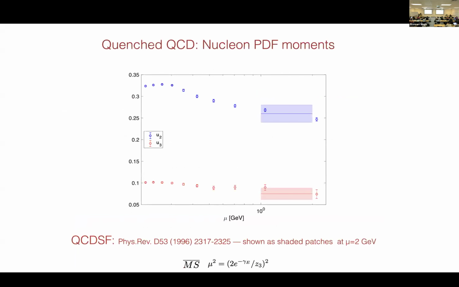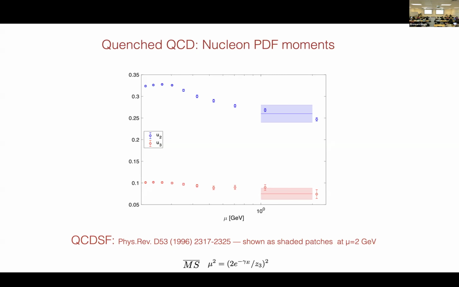Anyway, in principle, you can get moments, and I have done this computation here, where these shaded bars are moments extracted many years ago by the QCDSF lattice QCD collaboration, in this quenched approximation that I'm working in here, with some particular value of the pion mass.